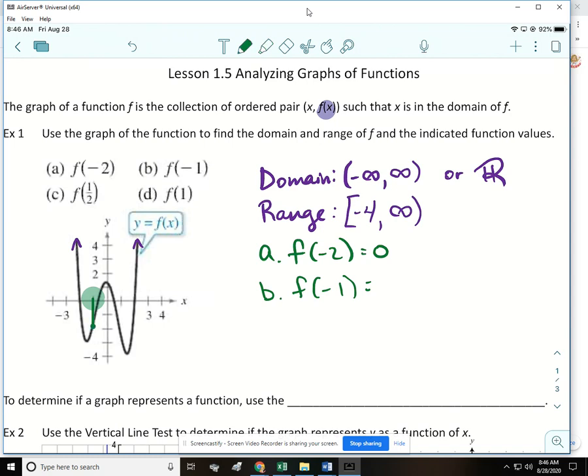I would say the value of the function when x is -1 is -2. Now, it's kind of hard to tell because there's not a grid. If I put one of these on a quiz or a test, I would definitely have a grid where you could see exactly where it is. You wouldn't have to guess it's between -1 and -2. You would know exactly where it was.